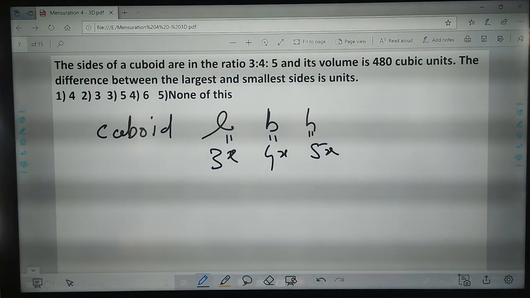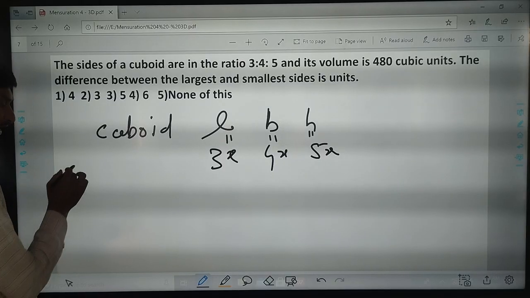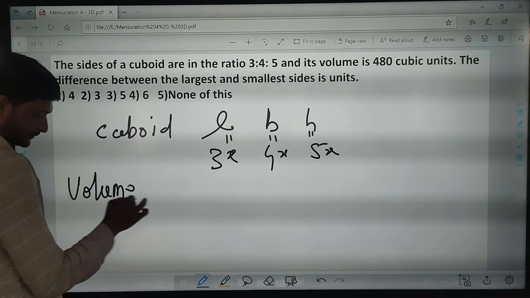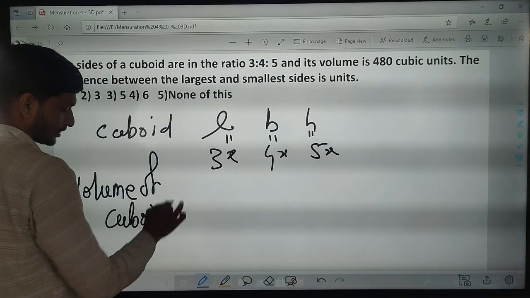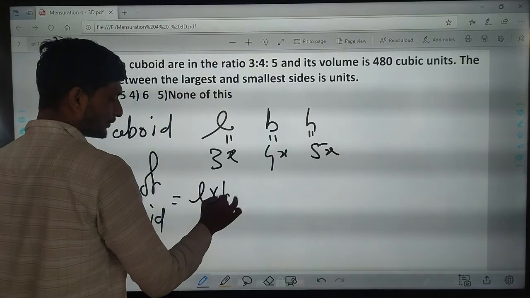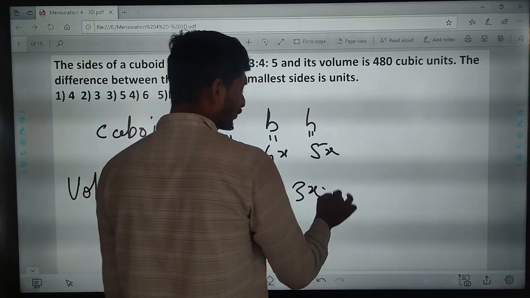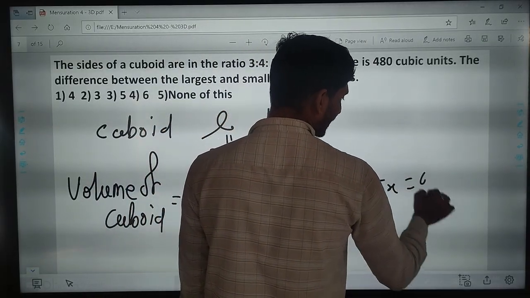Now here the volume is 480. The volume of the cuboid is equal to L into B into H, that is 3x into 4x into 5x is equal to 480.